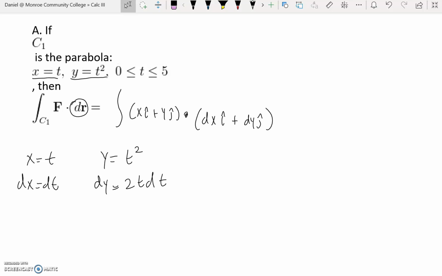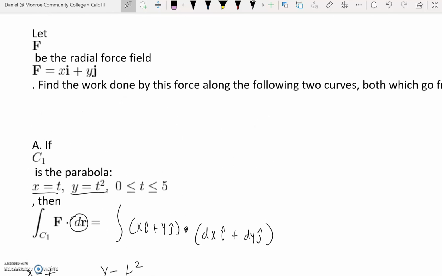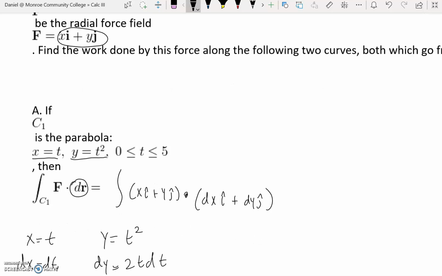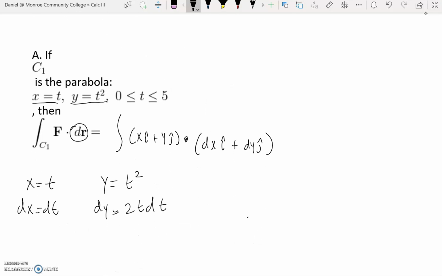And then we have to make this whole thing in terms of t. So we take this vector field, and we just plug in for x and y the values that they give us.